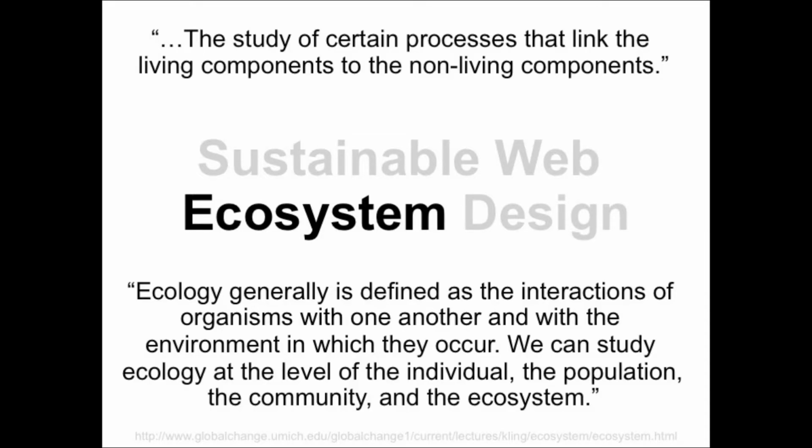And I like to call what we're working with here an ecosystem, because I think that what the web has become really is an ecosystem. It's not just a system of files and code and images and so forth, but it becomes an ecosystem when you add this human element to it, because humans are obviously living components, right, to this system.